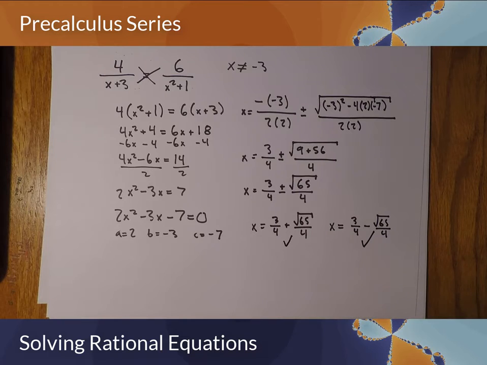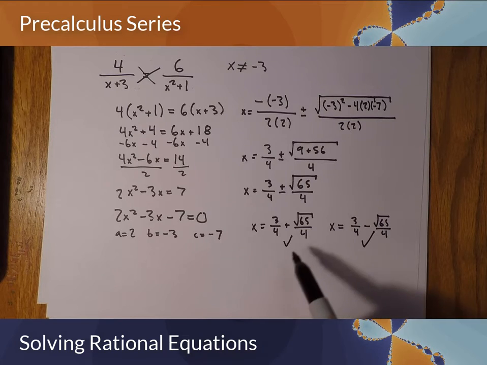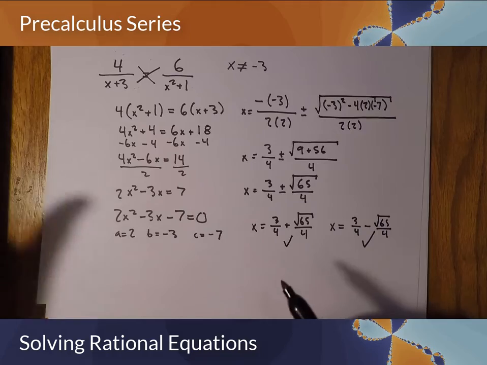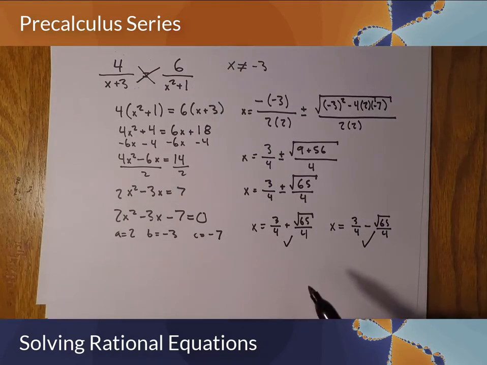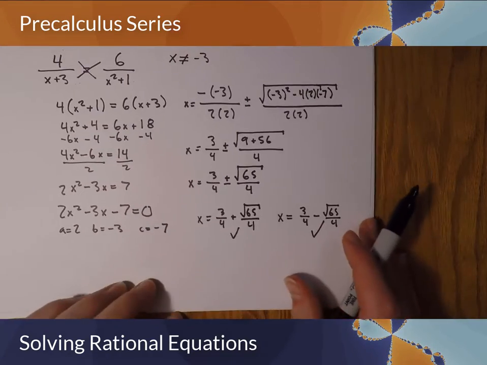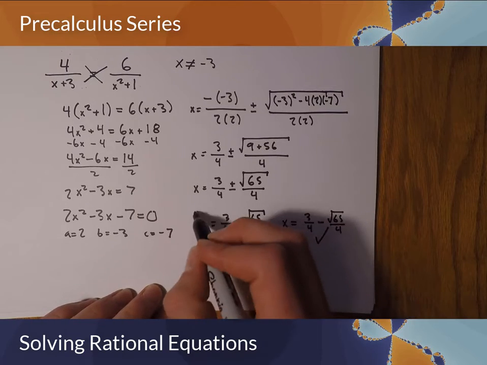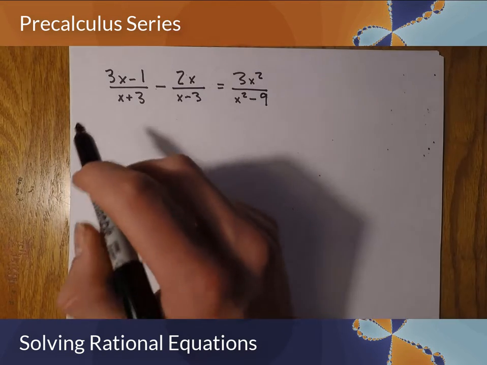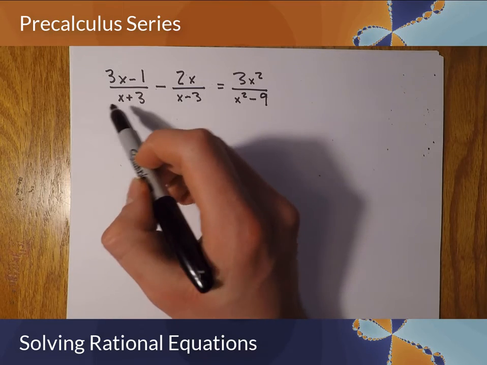I'm not going to prove it to you with algebra because it would take a lot longer, since this is a pretty complicated answer. But I can assure you, I've checked in my calculator right here, that these two answers work. So these are solutions.